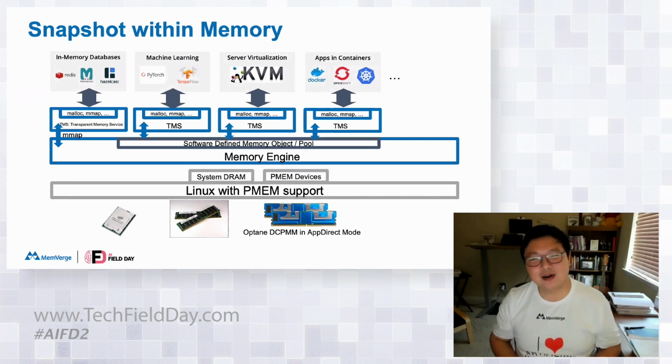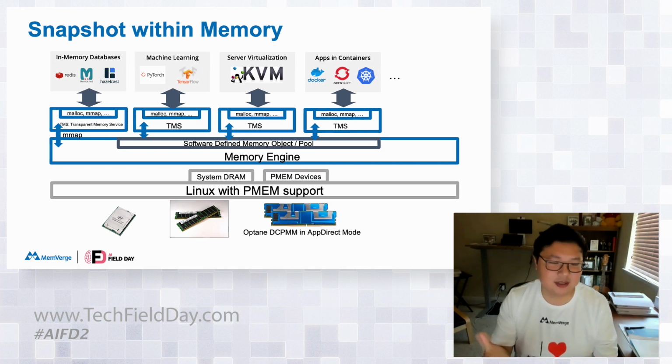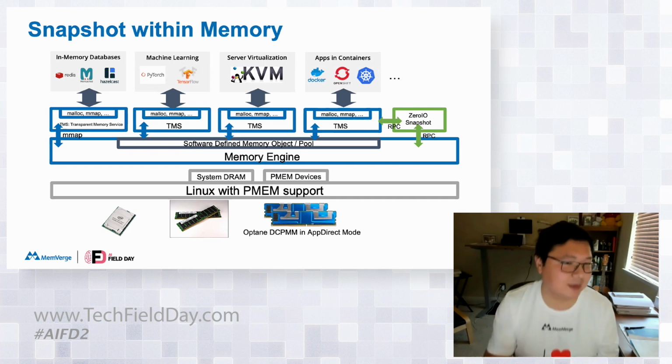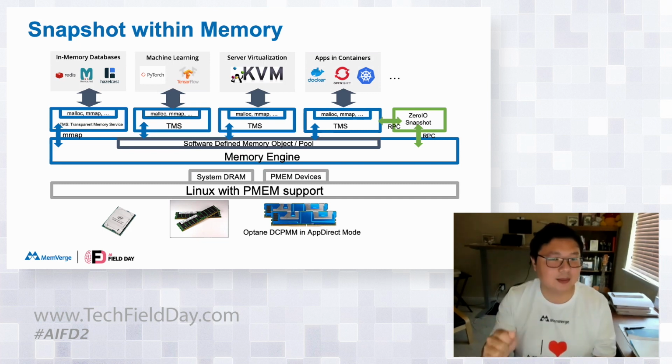So exactly how does a zero-IO snapshot fit in the memory machine? Right, so we already showed you the overview for the system. As you know, we have a transparent memory service that allocates memory for the application, so that we know the physical memory locations for each virtual memory address used by different applications. With that information, when we want to take a snapshot, the zero-IO snapshot component first sends RPCs to our transparent memory service to learn what memory locations this particular application is using.